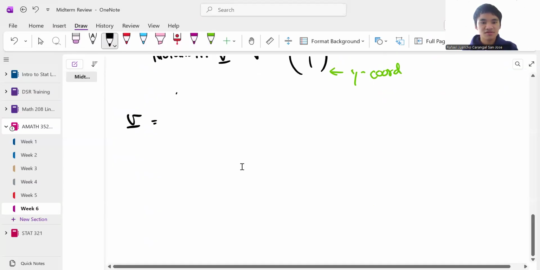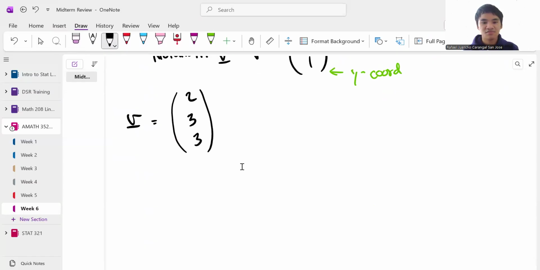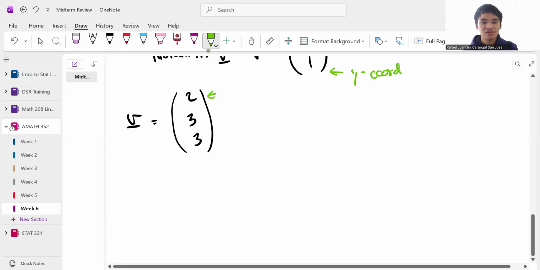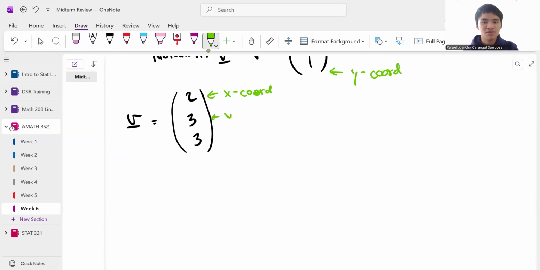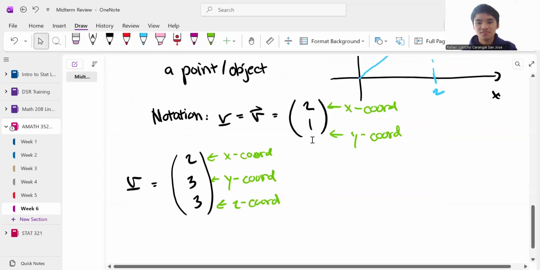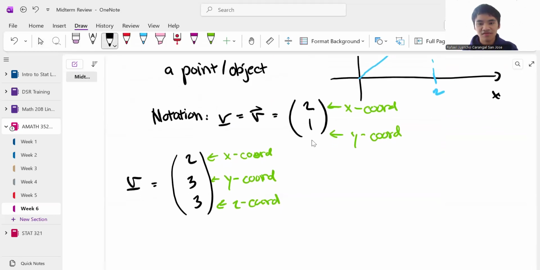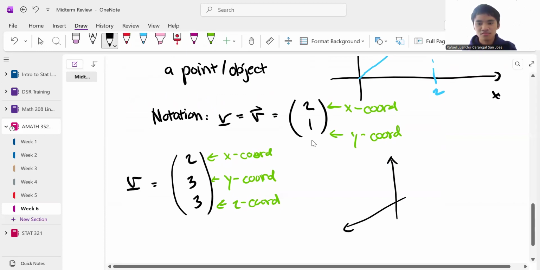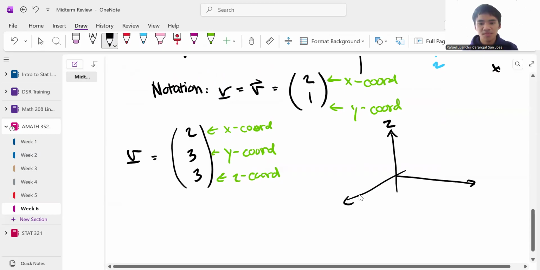So say we have this vector and it has these components, right? So this would be the x coordinate. This would be the y coordinate. This would be the z coordinate. So this is from 3D calculus, right? So say we have 3D space here. Z, X, Y.